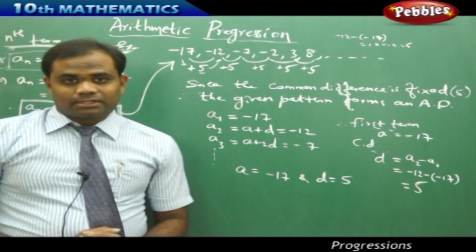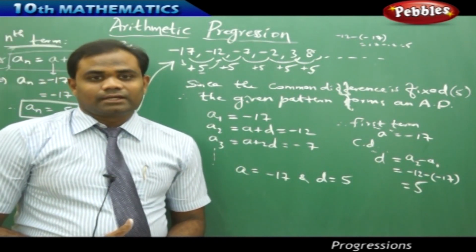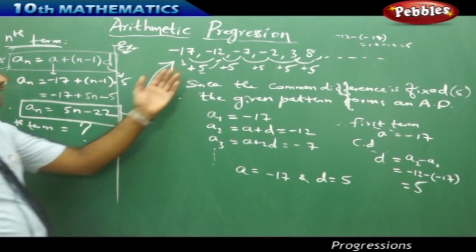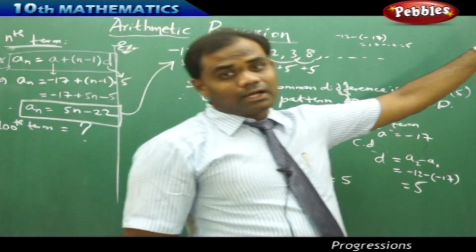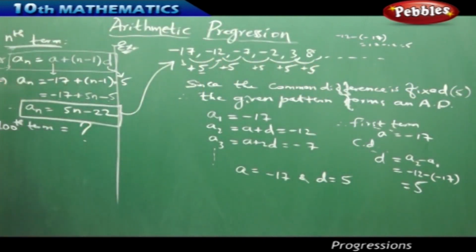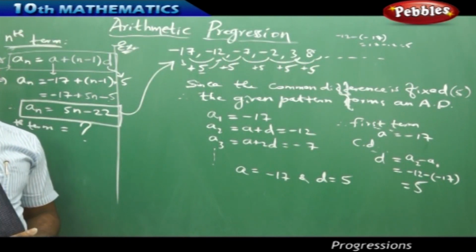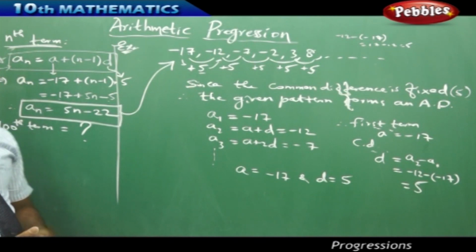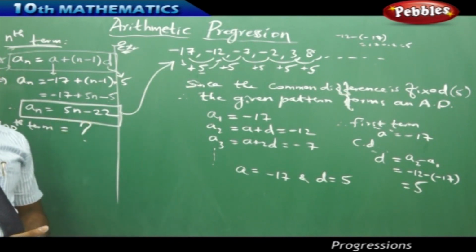Now suppose I wanted to find, say, the 100th term. Without adding 5 all the times till 100 times, I can directly use this formula to find the nth term or the 100th term, or the 1000th term or 1 crore-th term, however big, we can do it in a fraction of a second.